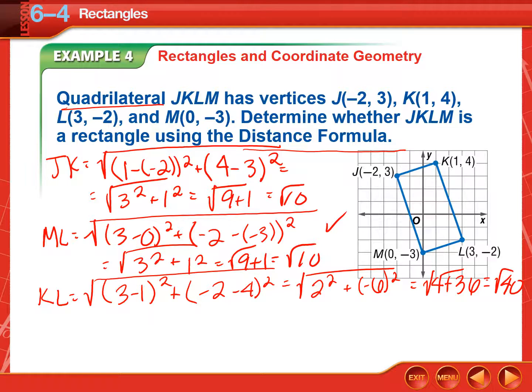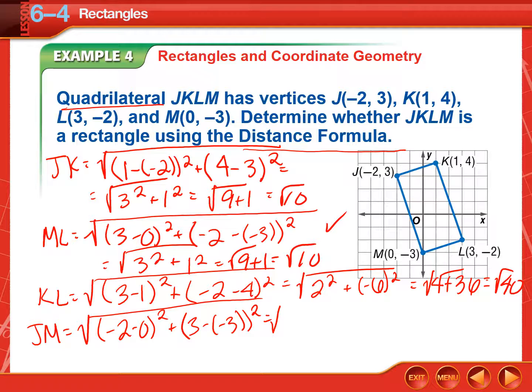All right, and then we've got JM, last one, to prove it's a parallelogram. So we've got negative 2 minus 0, squared, plus 3 minus negative 3, squared.